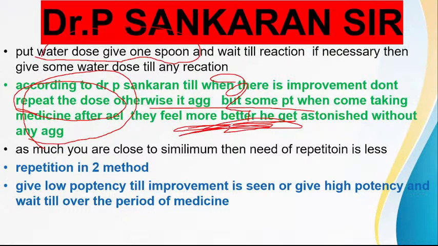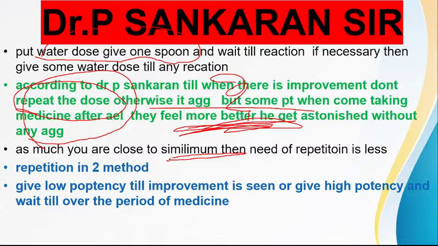Now Dr. Sankaran sir said the repetition basically depends on the simillimum. If you are very close to the simillimum, then the need of repetition is much less. If you are sure that this patient is exactly Pulsatilla, then the need of repetition is highly decreased.